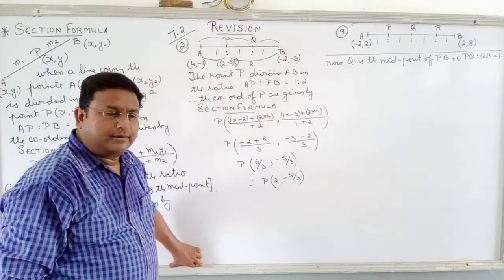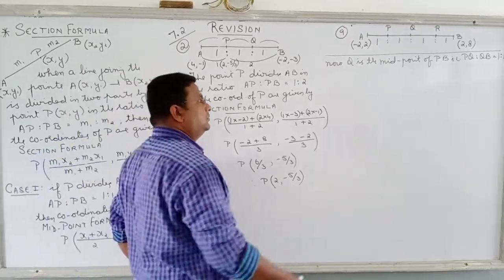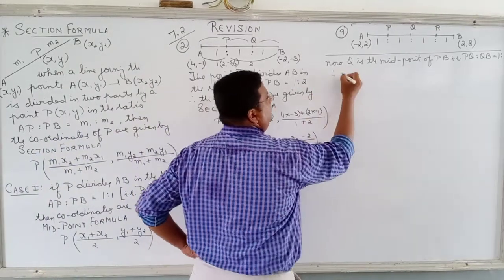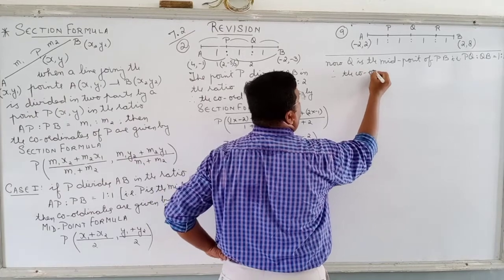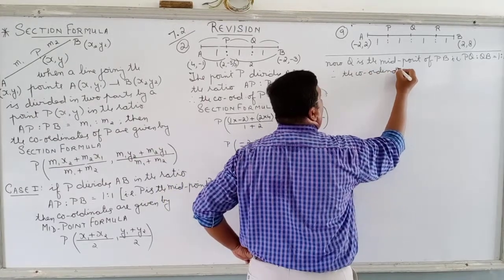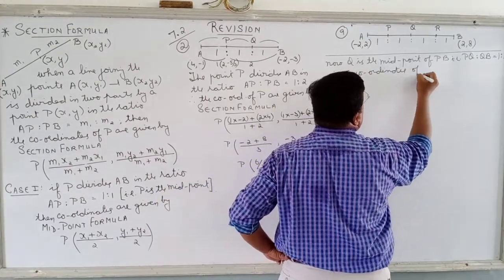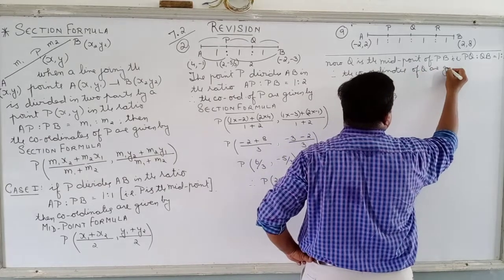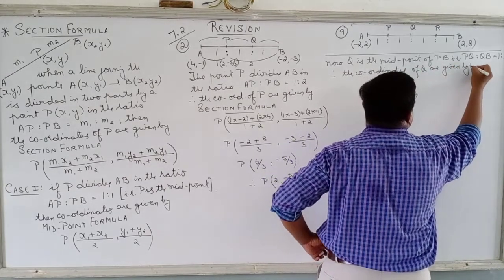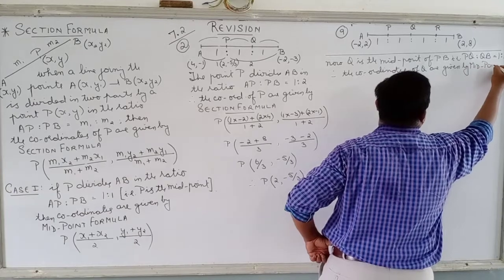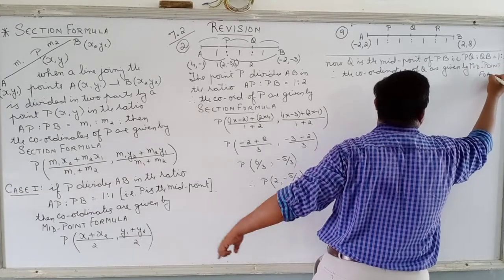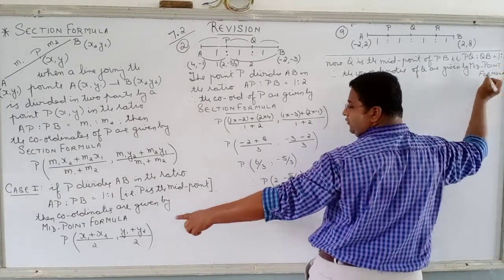Right? So now, therefore, the coordinates of Q are given by the midpoint formula, and the midpoint formula is right there for you.